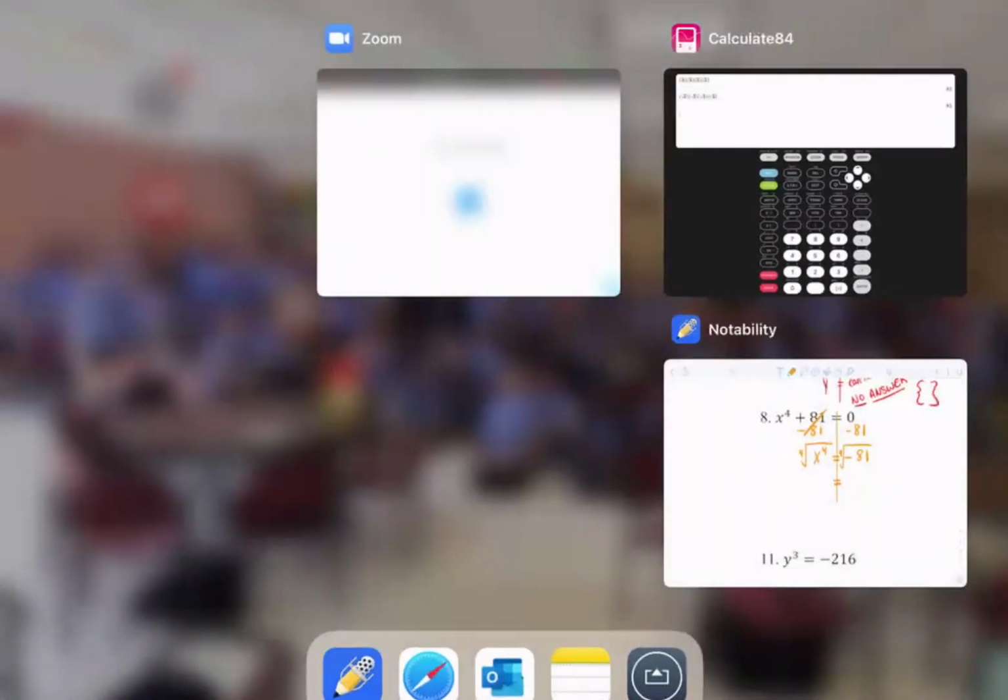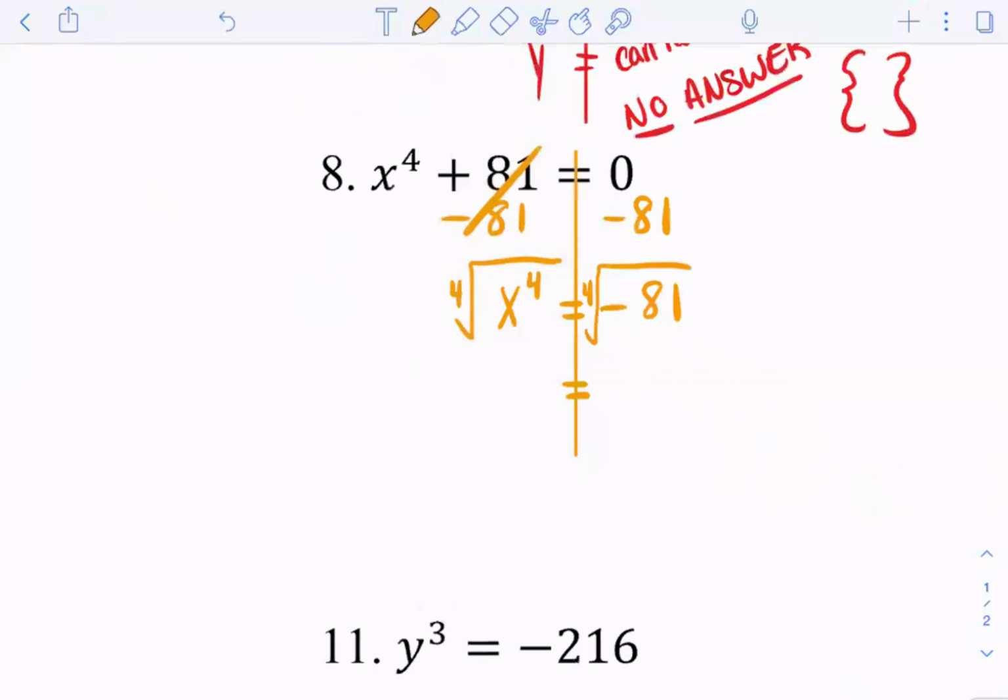Now when I do it, here's the positive. Did it give me the negative 81 that I wanted? If you notice, both times that I do it, I get a positive 81. But in my problem here, I have a negative 81.